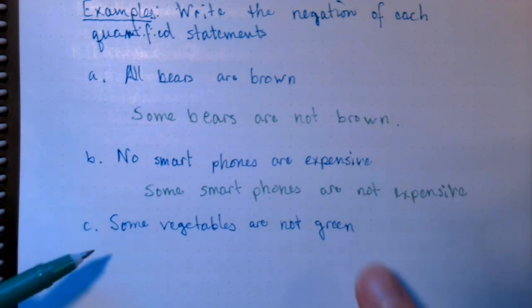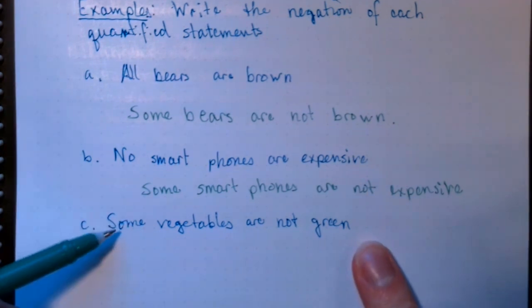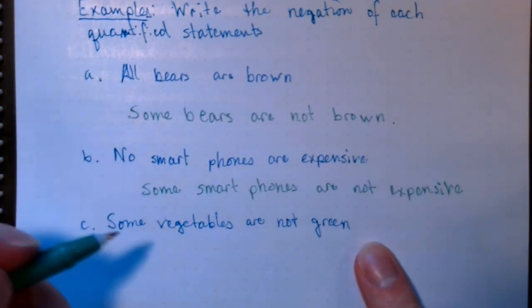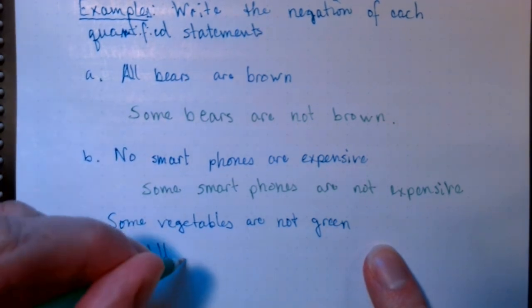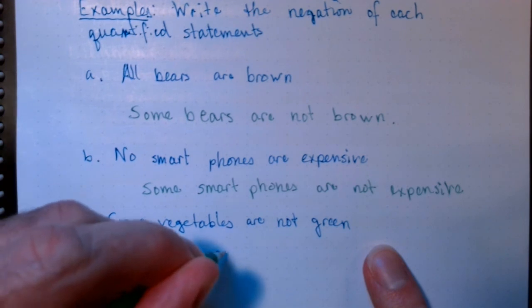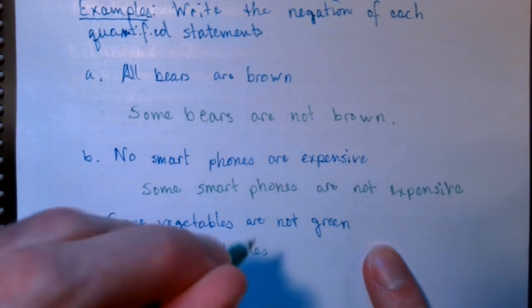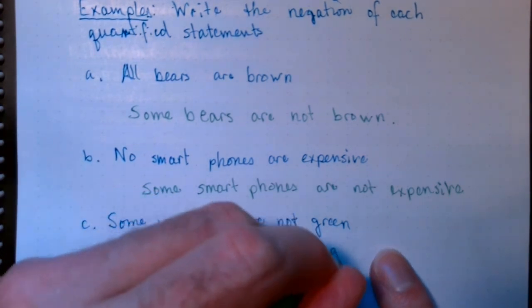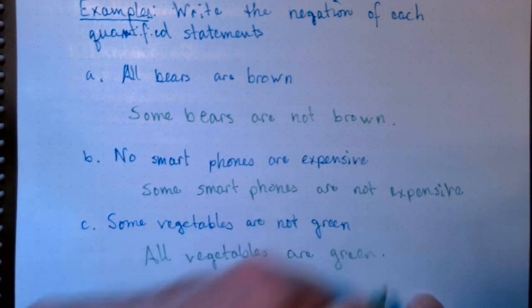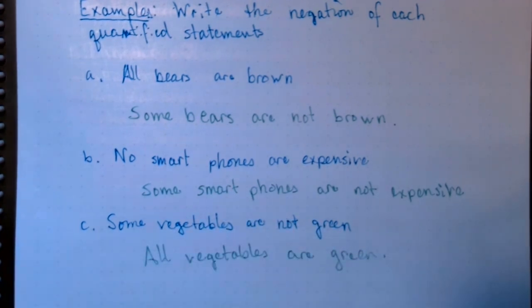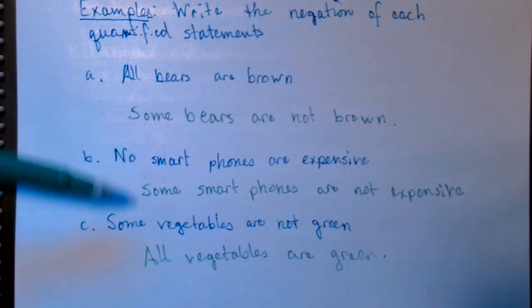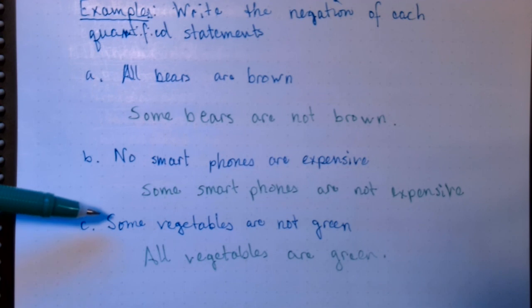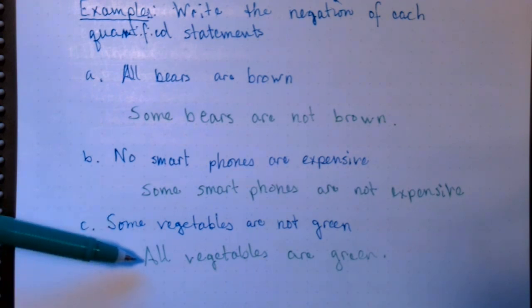Okay, down here, some vegetables are not green. Okay, so the negation. All vegetables are green. Okay, so if you negate something that involves all or none, then you get some. If you negate something that involves some, then you get all.